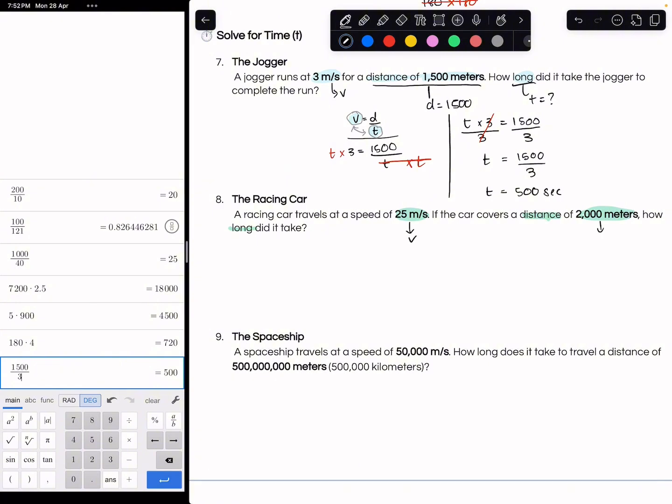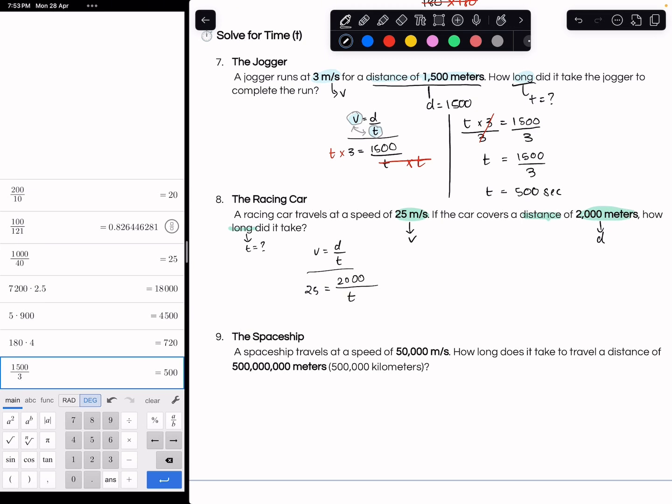We've got a distance, and we need to figure out what the time is. So first things first, V equals D over T. Substitute. 25, which is the velocity, equals the distance, which is 2,000, over T, which is the mystery.